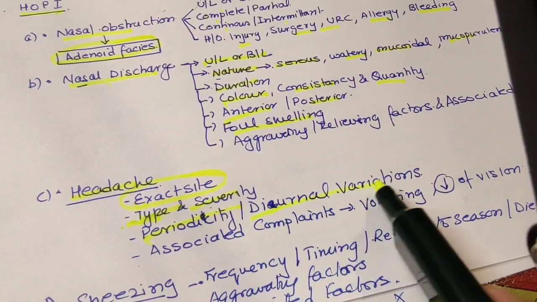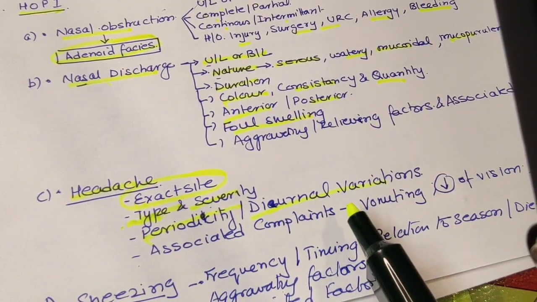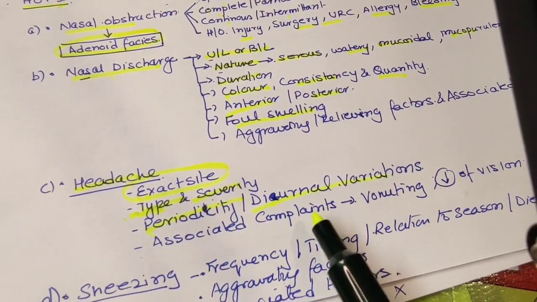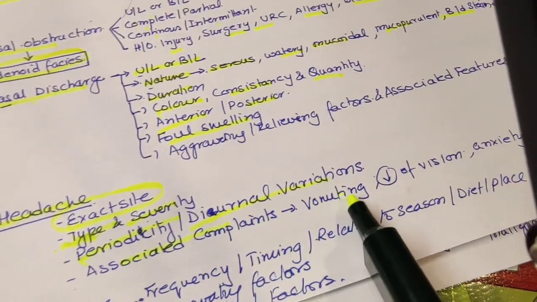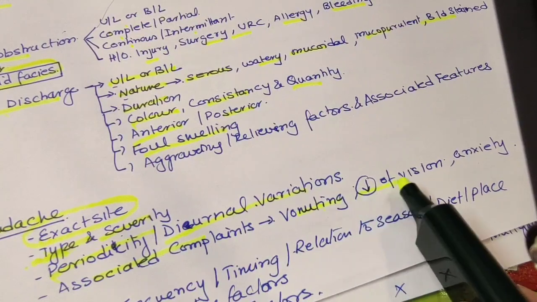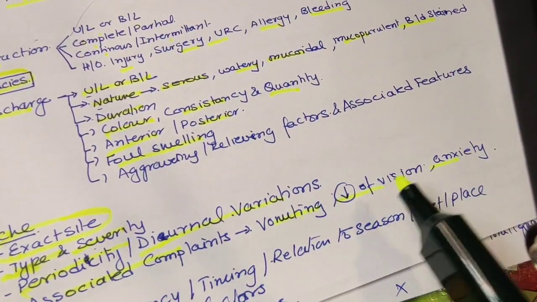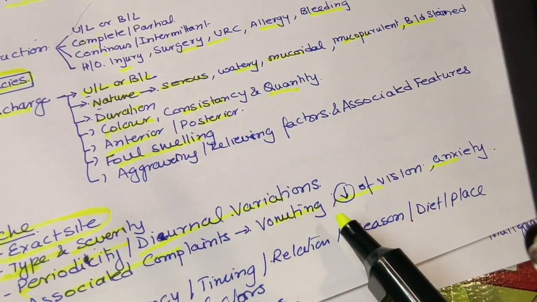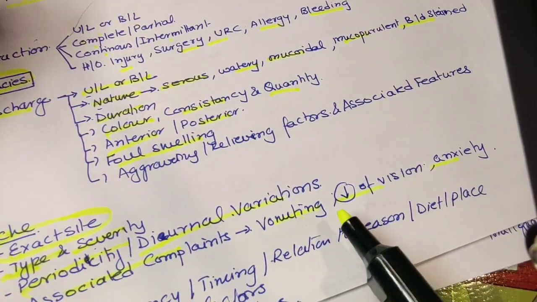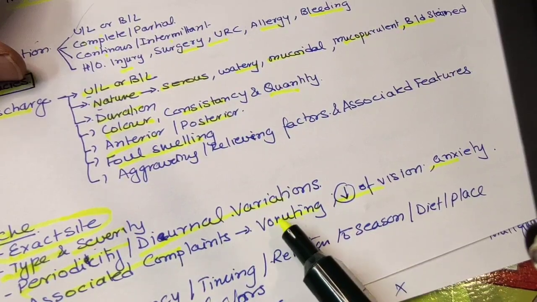Then the type of the headache, the severity of the headache, and the periodicity and the diurnal variations of the headache, as I told you about the office headache, which is common in frontal sinusitis, that has to be found out. And associated complaints are like vomiting or decrease in vision or anxiety. These problems will indicate some other problem which may not be related to the characteristic headache that is present in the nasal problems.